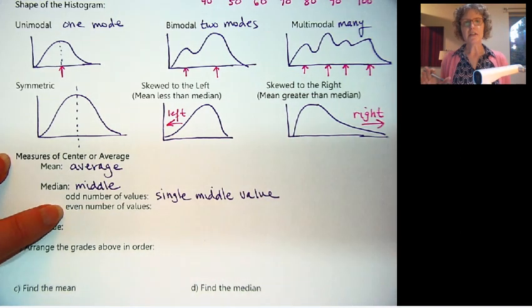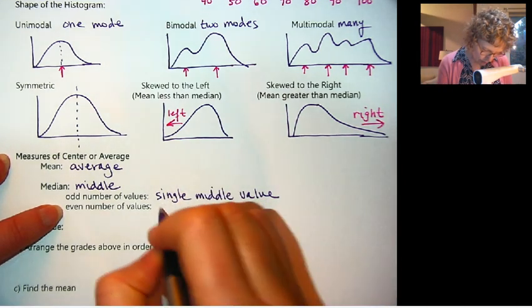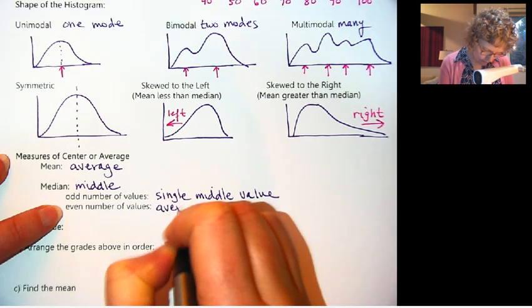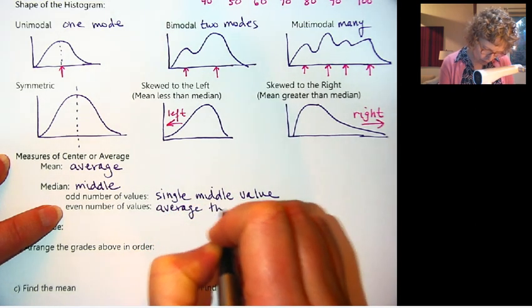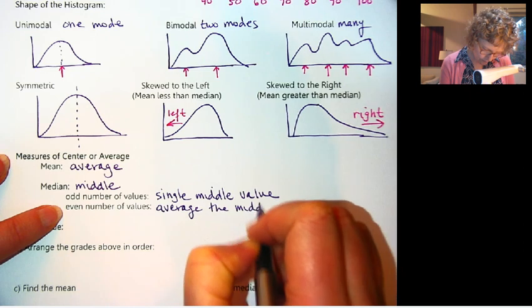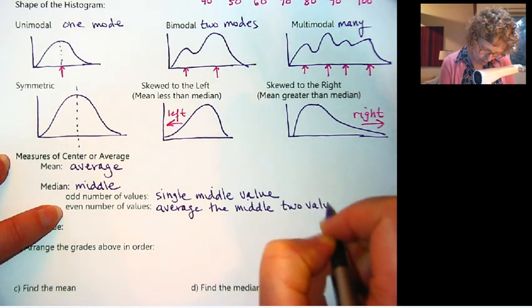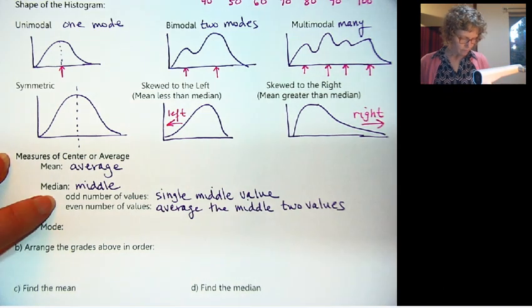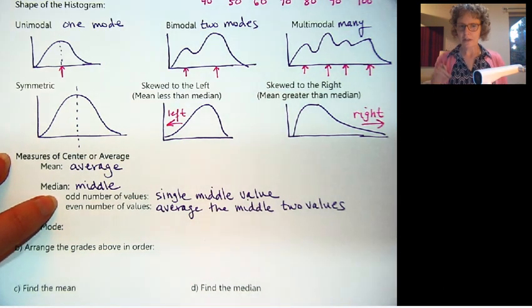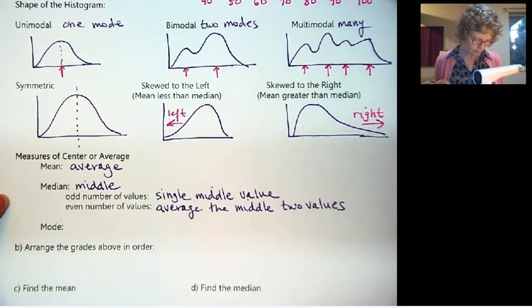If there's an even number of numbers, then there are going to be two in the middle. So we take those middle two and average them. So we average the middle two values. We have to put the numbers in order to find the middle one or the middle two.